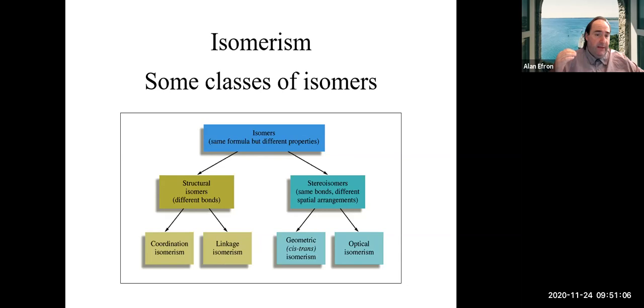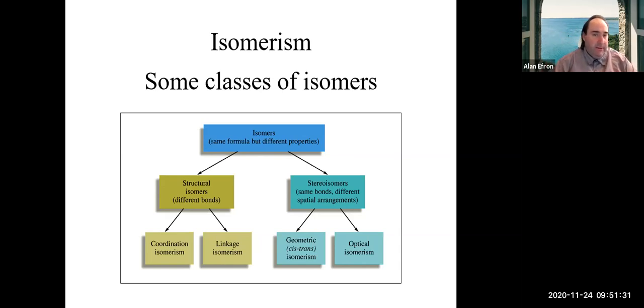Things like oxalate, and we saw that ethylenediamine, which is en, also attaches in two places. There are some that can attach in multiple places as well. Those are sometimes referred to as polydentate ligands, something like EDTA, for example. That's the big one that we saw that attaches in 6 different locations per molecule.